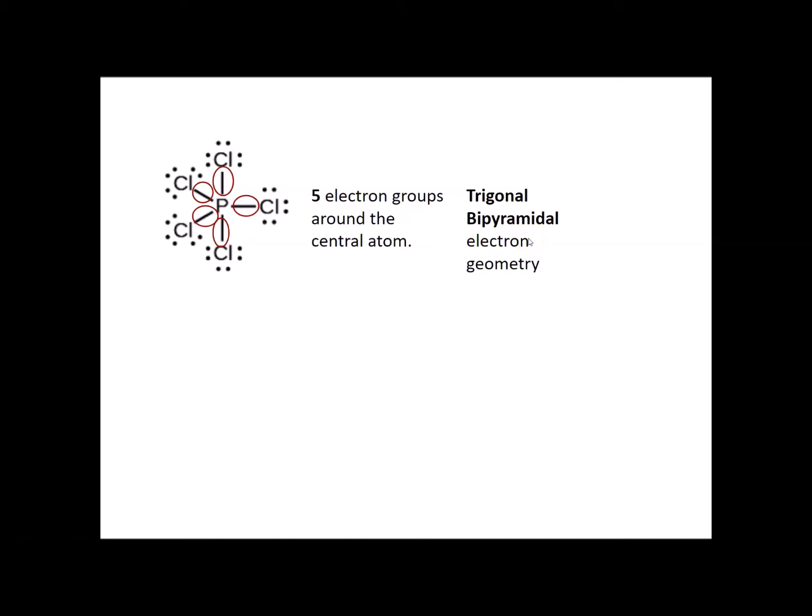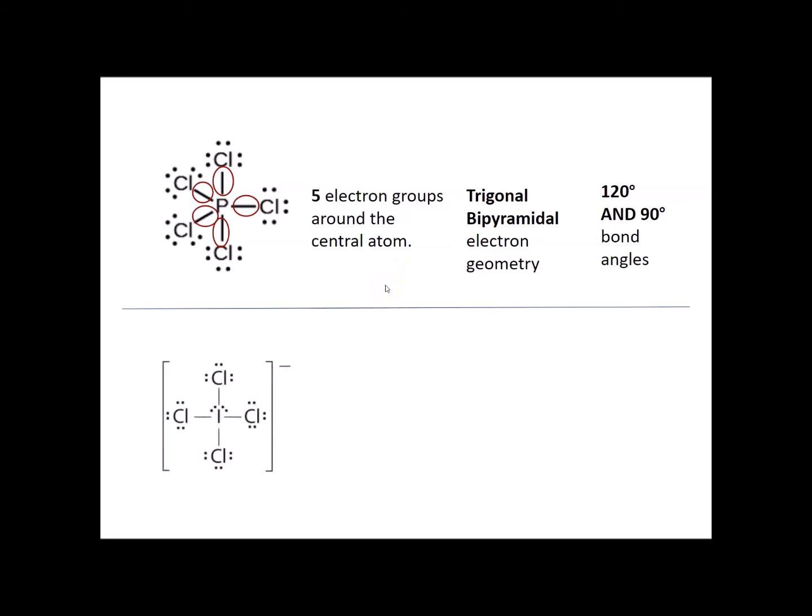Now, the bond angles, this is interesting. 2 different angles can be achieved with trigonal bipyramidal electron geometry. Both 120 degrees for the bonds within the plane of the triangle, and 90 degrees if you compare any of the bonds within the plane of the triangle to the bond either above or below it.